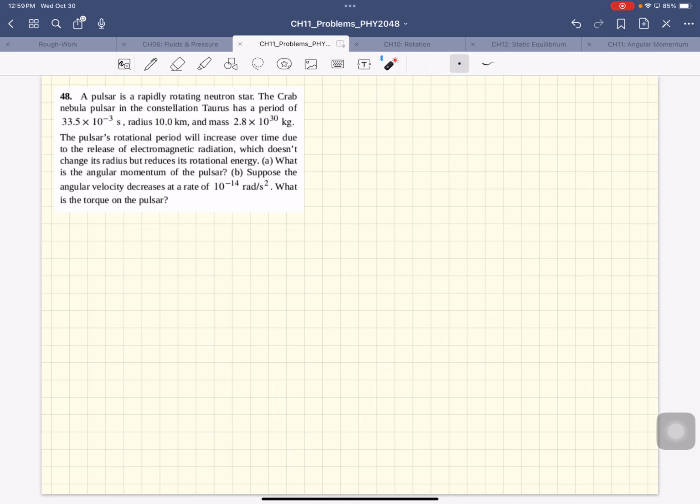Okay, so here is an interesting problem for those who are interested in astrophysics. A pulsar is a neutron star. So again, we talked about this. Here is the symbol for the mass of our sun, and the mass of our sun is 2 times 10 to the 30 kgs.